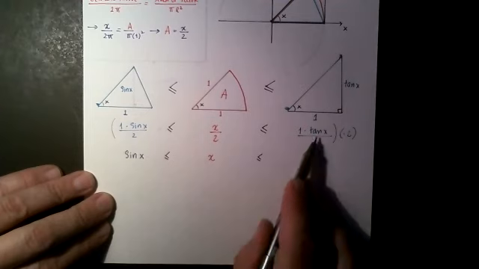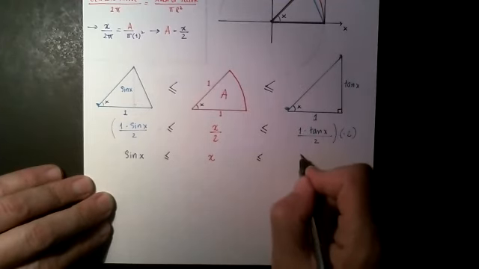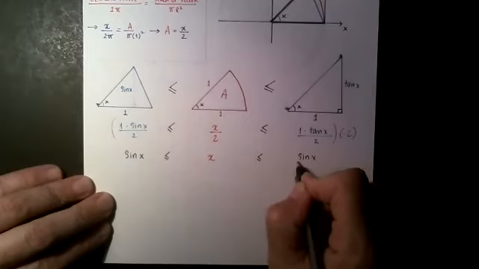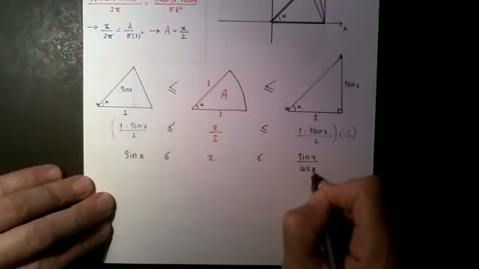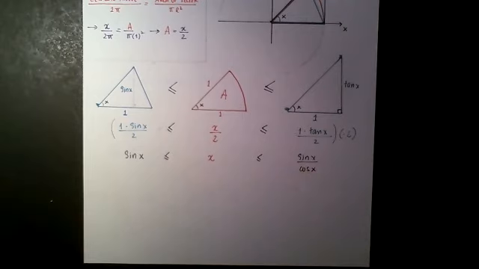Because the 2's cancel. And tangent we know is sine x over cos x. Any questions on this step? Good?